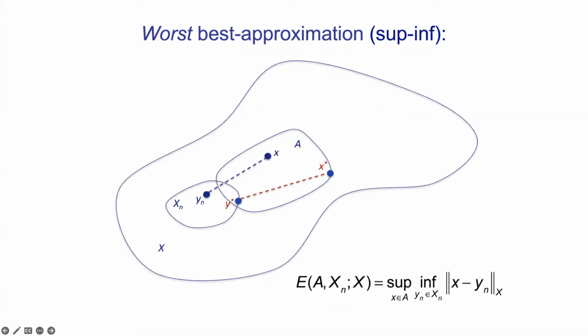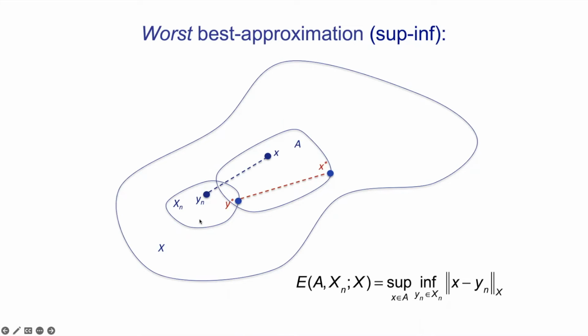Now, in Kolmogorov n-widths, the interesting idea is to look at the worst best approximation. You look for the bad guys in the target space that you can't approximate very well with your finite dimensional space. That gives you a measure of how good your discrete space is.